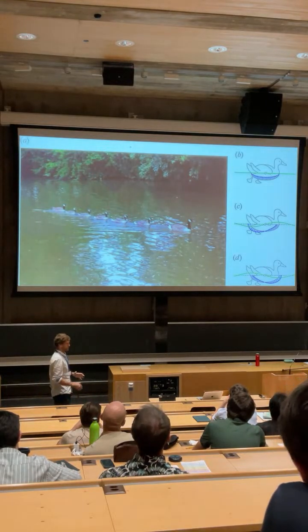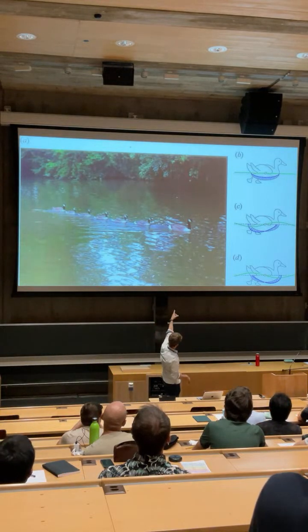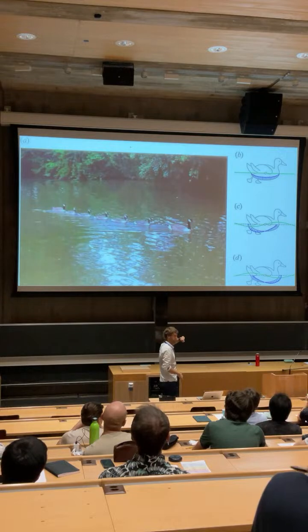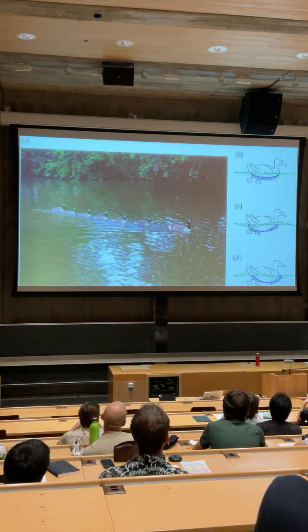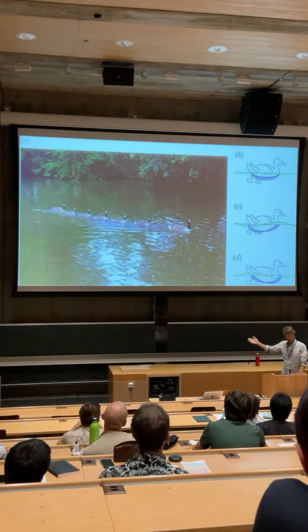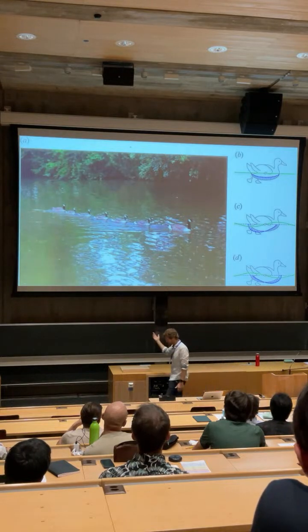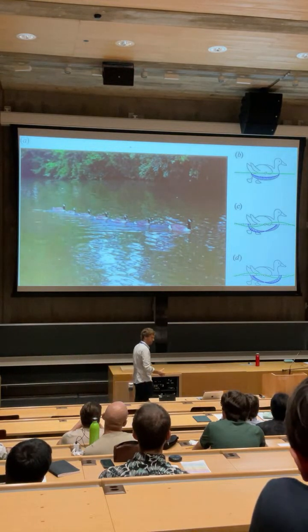Okay? So the idea is that you have some wave. In this case, it's the wave of the mother duckling. Right? And you have a bunch of particles, many more than the wave, namely a bunch of ducklings behind. And these ducklings are surfing the wave. And the question was, in this Ig Nobel paper, how do these ducklings arrange themselves compared to the mother?